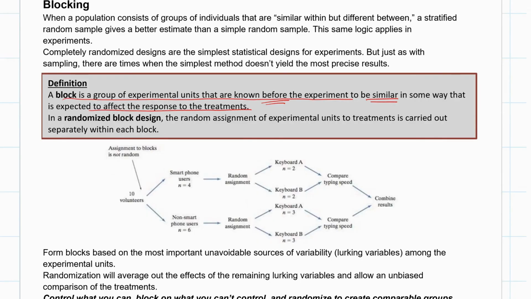Because then are we measuring how well the treatment affects the groups, or are we measuring just the inherent difference in the two groups? So what we do to take that into account is what's called a randomized block design, where we have the different treatments assigned within each block.